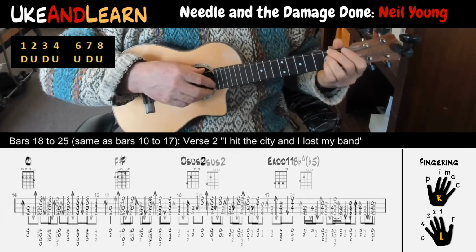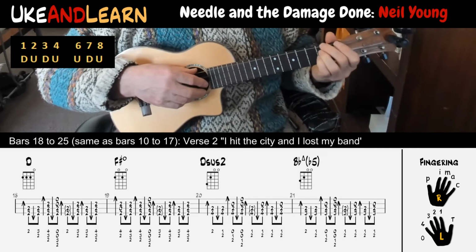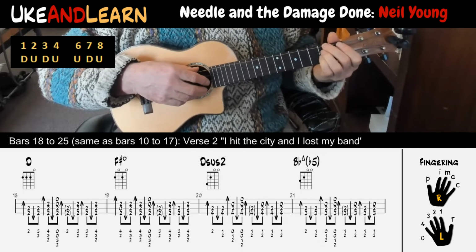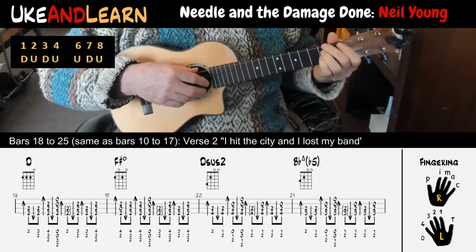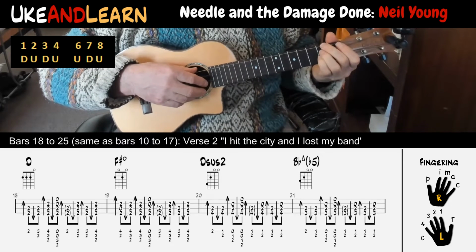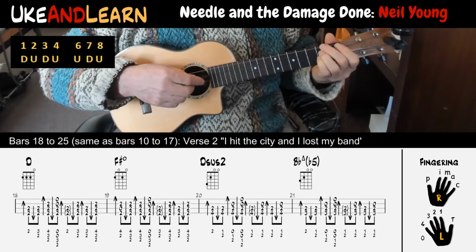Okay, then the second verse, I hit the city and I lost my band. From bars 18 to 25 are the same as bars 10 to 17. So I'll play them through slowly.